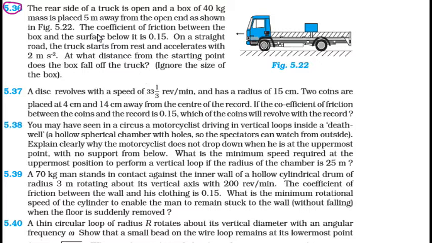The coefficient of friction between the box and the surface below it is 0.15. On a straight road, the truck starts from rest and accelerates with 2 meter per second square. At what distance from the starting point does the box fall off the truck, ignoring the size of the box?